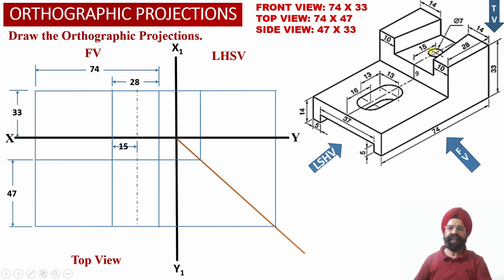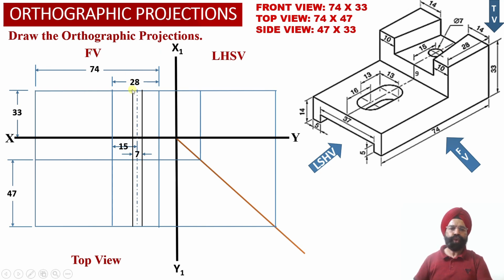And now we know that the diameter of the circular hole is equal to 7 millimeter. So we have to take an offset of 3.5 millimeter on the left hand side and 3.5 millimeter on the right hand side of this center projector line, so that these two end points corresponding to the diameter of the circular hole can be located in the front view projections.